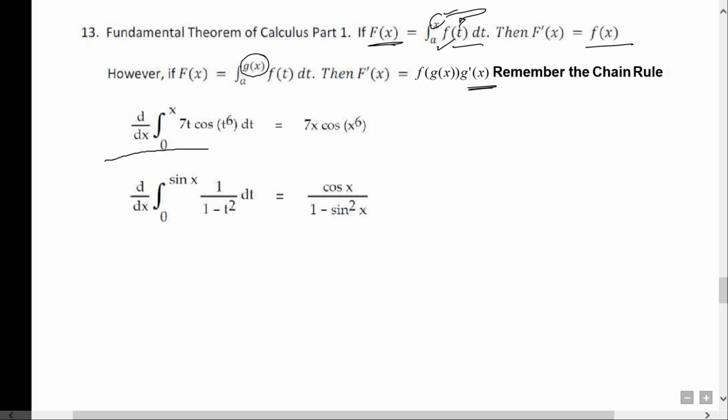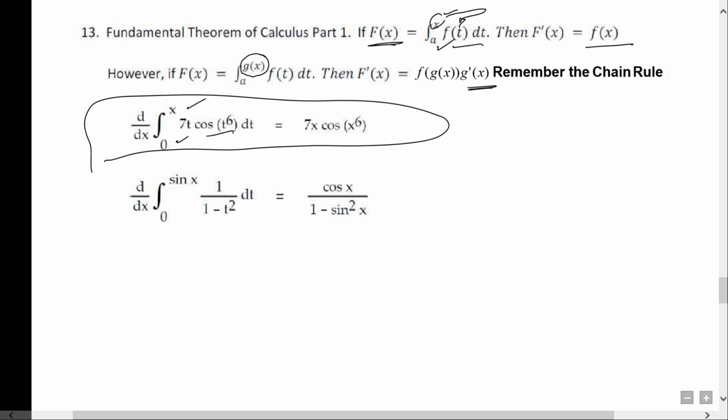So in this first example, the derivative of the integral from 0 to x of 7t cosine of t to the 6 dt is just going to be plugging in x everywhere you see a t, and you get 7x cosine of x to the 6.